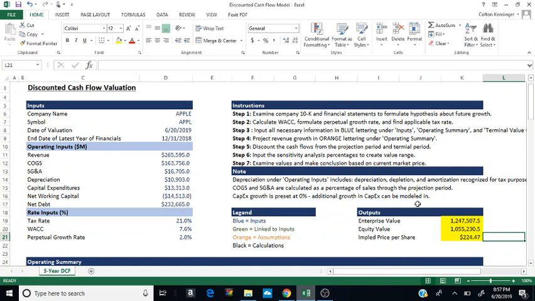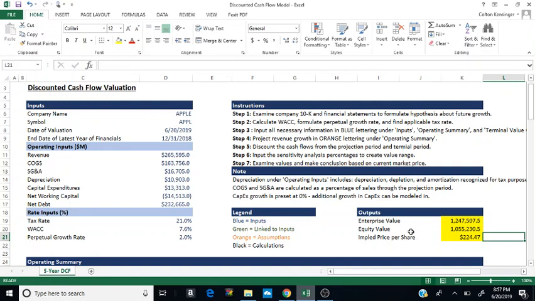When we went back to our sensitivity analysis, on the downside, we think low-end Apple should be worth no less than 171 if it has a bad day. Upside, we had that 310. That's probably not as realistic. We could say, based on that 2% perpetual growth rate, Apple could be worth up to $260 to $280 a share upside, with not a lot of downside risk.